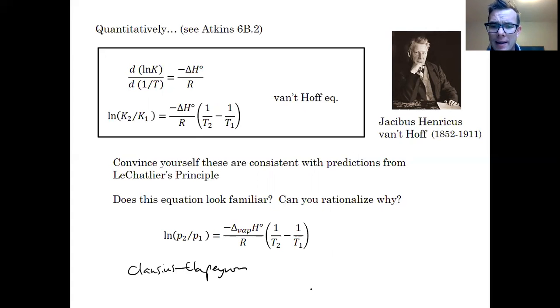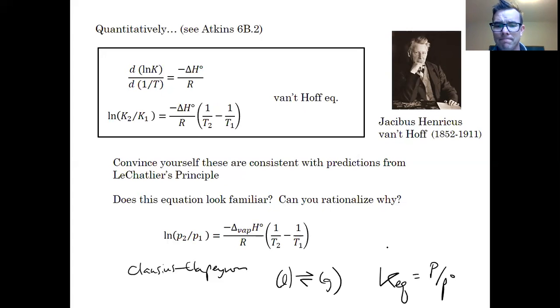And if you think about that, the equilibrium that this was talking about was a liquid gas equilibrium. The equilibrium expression for that is simply the partial pressure of the gas divided by P standard. The liquids don't appear. And so these are entirely consistent descriptions of equilibrium.